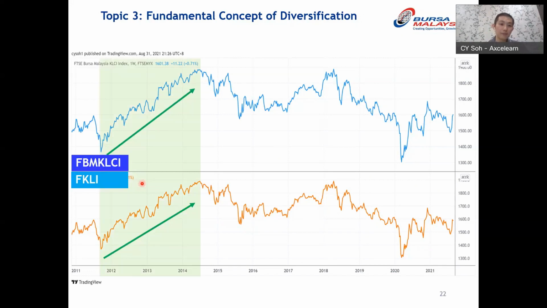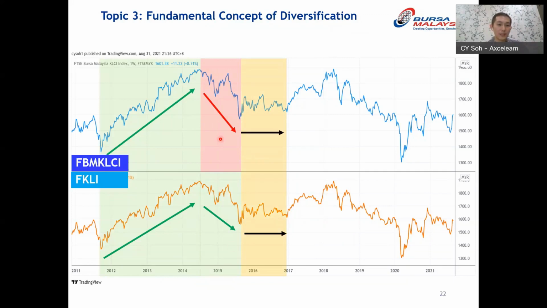On this time frame, when the stock market goes up, the futures market follows as well. When the stock market comes down, your FKLI comes down as well. Of course, you can short FKLI easily. But let's say you still want to hold your stock, of course you might lose some from the stock market, correct? Now, let's move on to the next time frame.